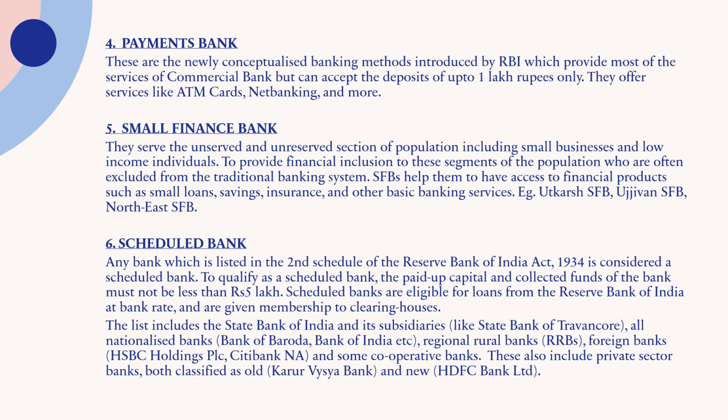The list of these kinds of bank includes SBI and its subsidiaries, all the nationalized banks, regional rural banks, foreign banks, and some other cooperative banks. These also include foreign sector banks, both classified as old and new. Okay students? Did you understand it?